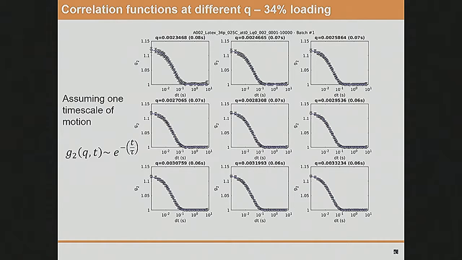Each of these plots can be fit easily to an exponential with one parameter, which is just the time constant at that Q. So you would expect that as the Q increases, which is basically going towards smaller distances, it takes less time to relax, so the time constant should go down, which is what you see. So once you get the autocorrelation function, you get tau as a function of Q.